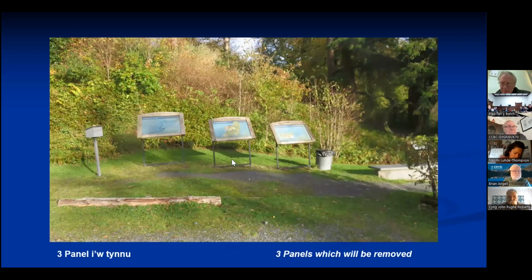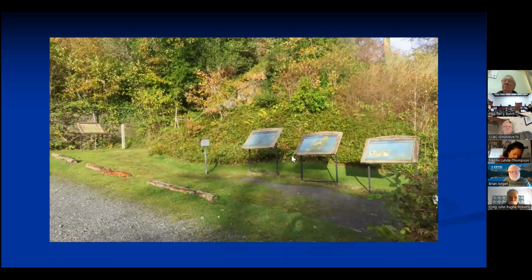The actual location of the interpretation panel will be here, and it will replace these three existing panels, which will be removed. And obviously there's a pathway. The pathway is next to the one leading up to Glastonbury itself. So you know the context of the actual location of the panel.